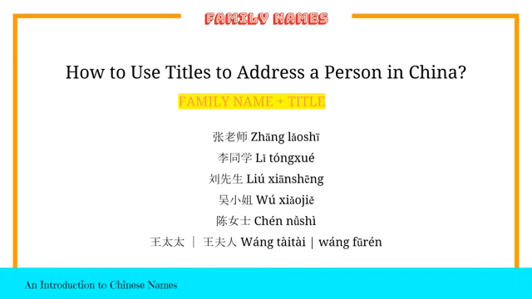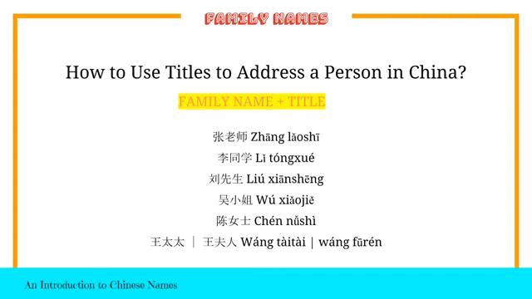For example, 张老师, which means Mr. Zhang. Normally it is used to address a teacher. 张老师, 李同学, so it's classmate Li, used to address a classmate. 刘先生, so Mr. Liu. 先生 is a respectful form to call somebody.